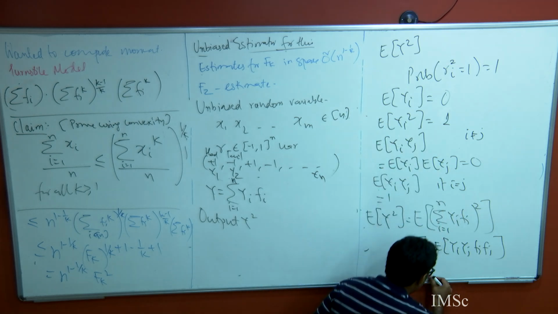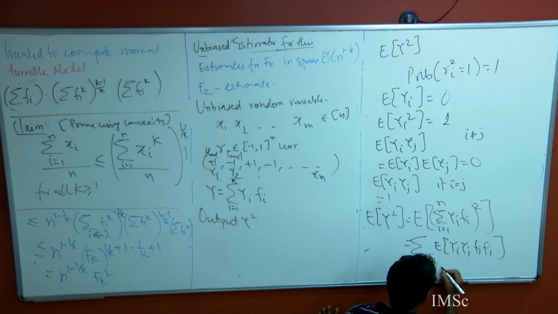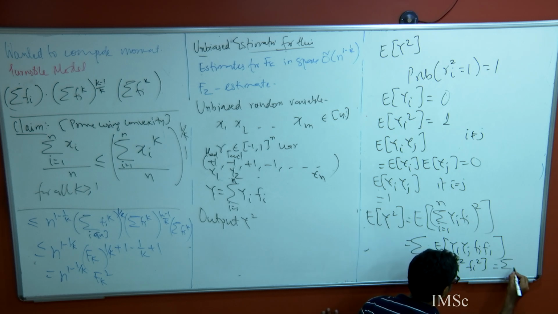So we get the sum of the expectation of Yi squared fi squared, which is the sum of fi squared times the expectation of Yi squared, which is 1. So what did we get? The sum of fi squared.